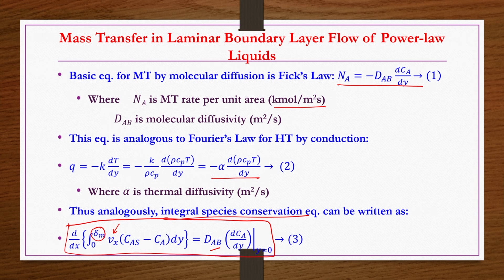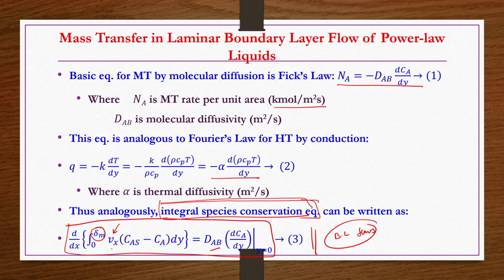Okay. So, then analogously, the integral species conservation equation, only for boundary layer flows, we can write like this.